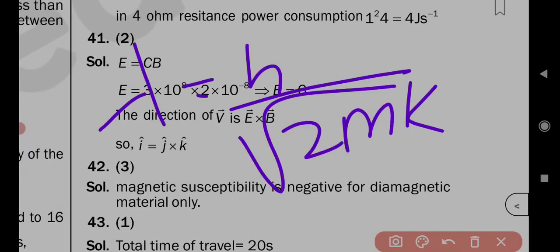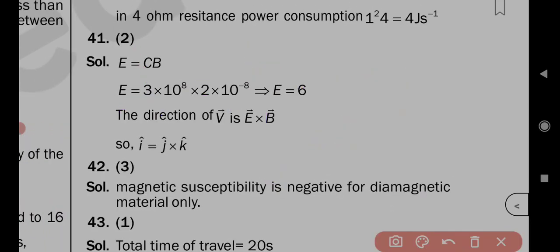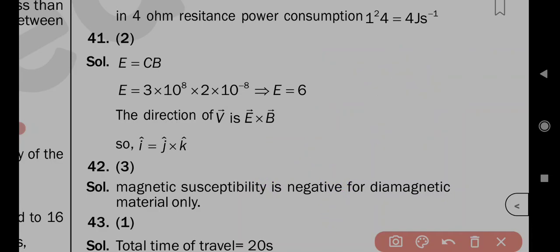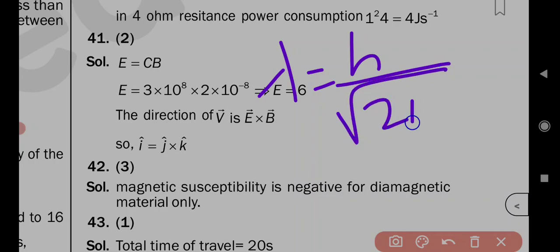See here. The de Broglie wavelength is h by mv, which is h by p. And p is nothing but root 2mK, where K is the kinetic energy.